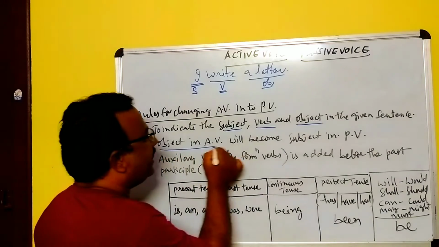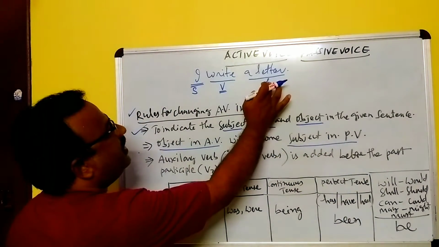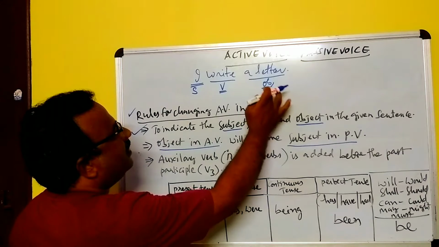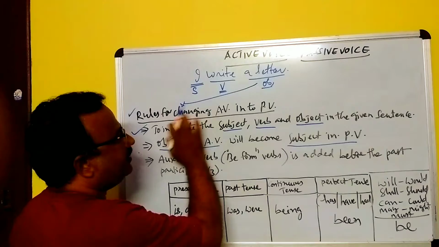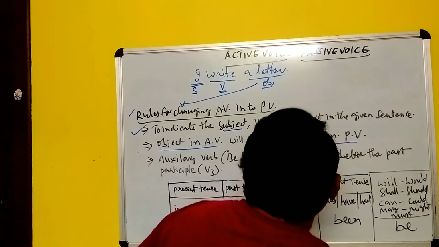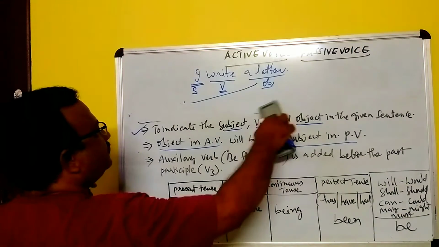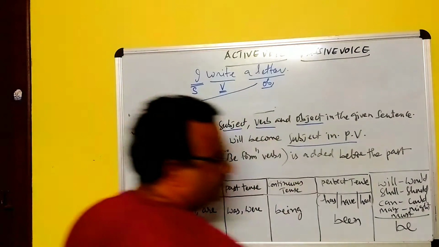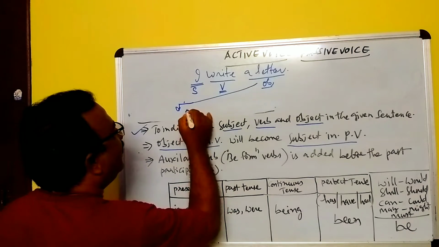The object in active voice will become subject in passive voice. See, here object is a letter. Object, a letter.